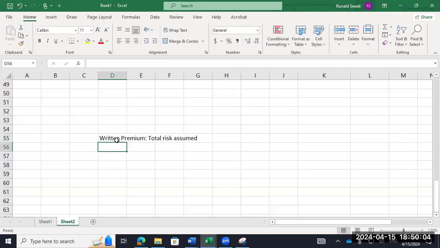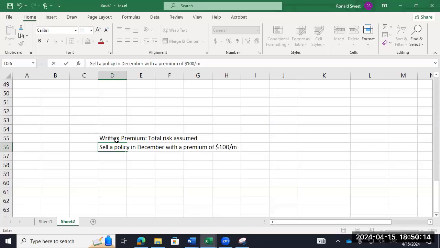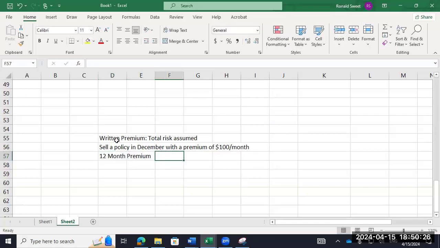So a good example is you sell a policy in December with a premium of $100 a month. Let's say this is on December 1st. How much premium are you going to get over the next 12 months? It's going to be $1,200. How much did you earn this year?